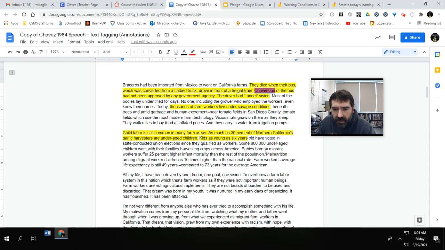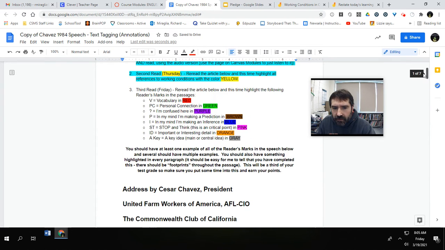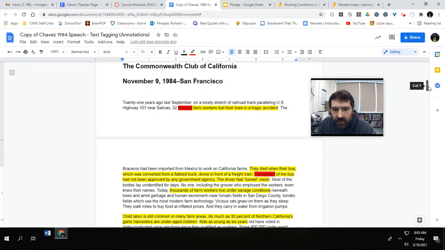Though when you do that, you're potentially reading the whole thing 8 more times, which isn't always beneficial to you. If you focus on each paragraph, then you would move to a personal connection in that first paragraph.